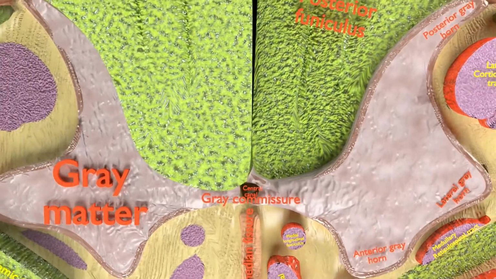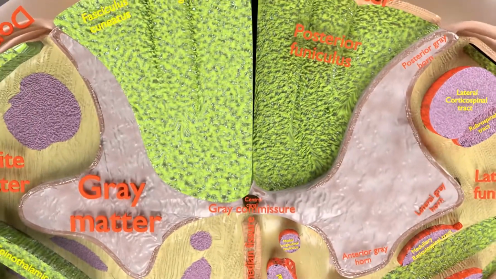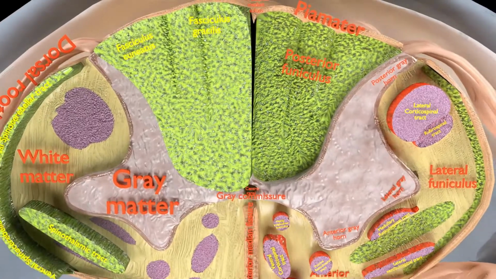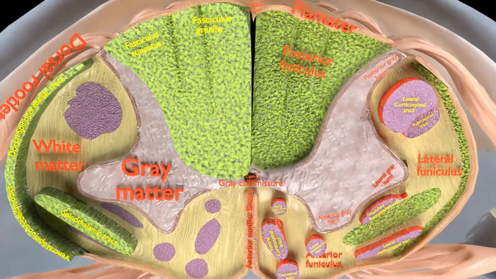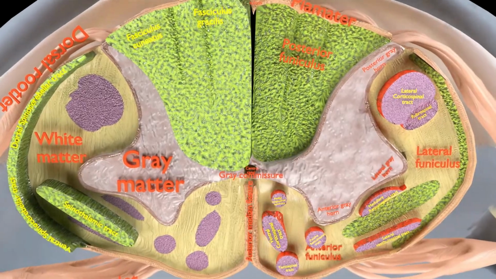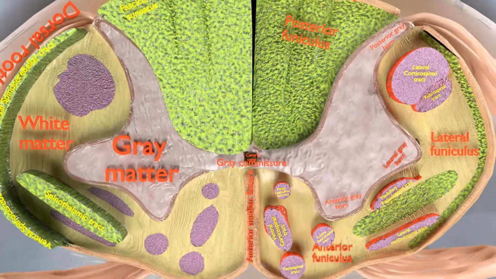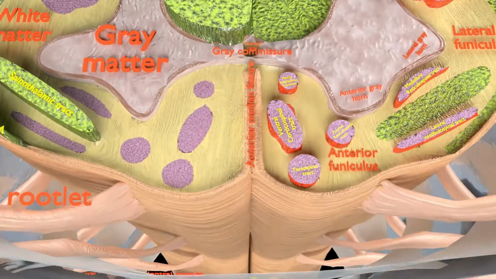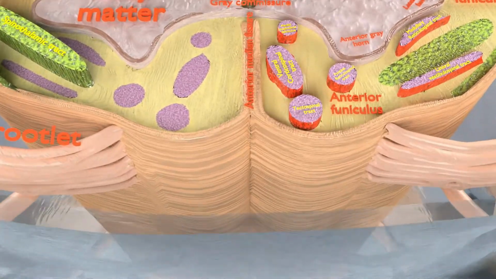Propriospinal cells account for about 90% of spinal neurons. Some of these fibers are also found around the margin of the gray matter of the cord and are collectively called the fasciculus proprius or propriospinal or the archi-spinothalamic tract.